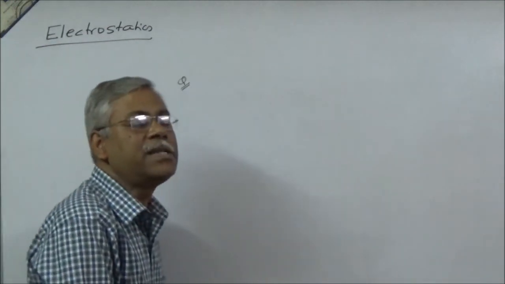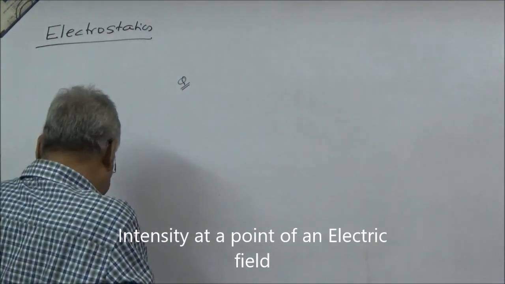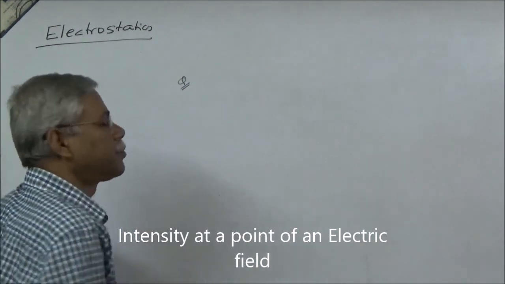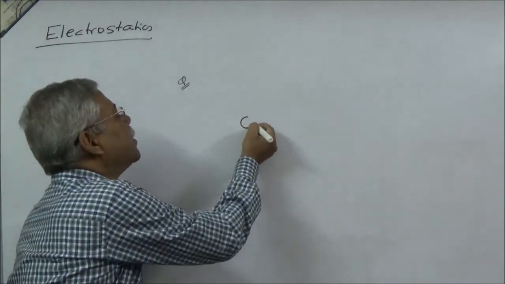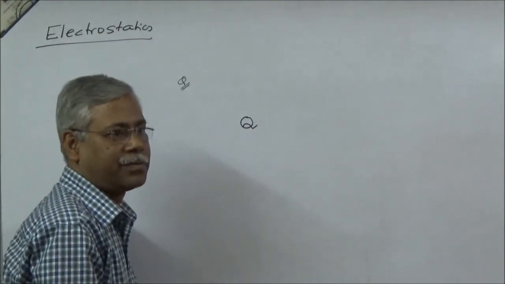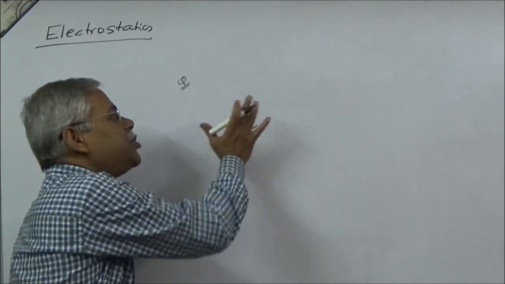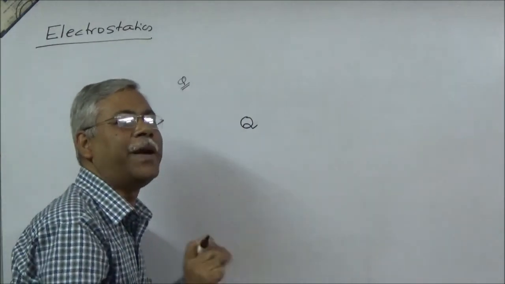Define the intensity of electric field at a point. Consider a charge Q. You have placed this charge at some point in space.